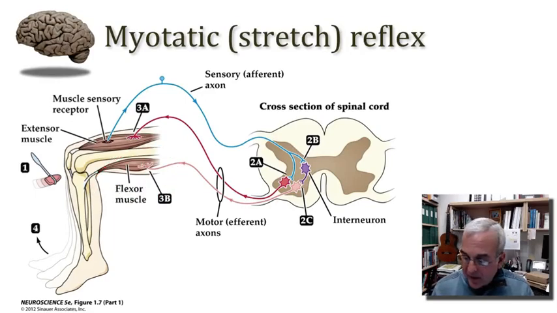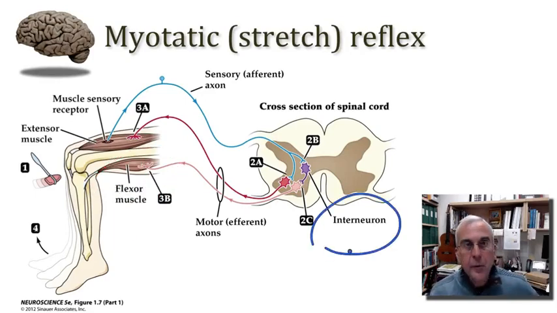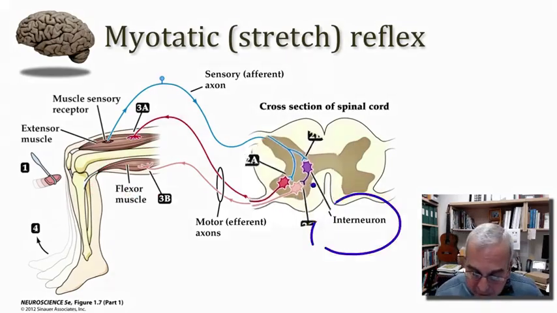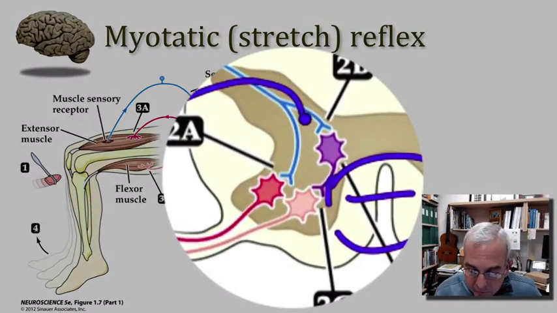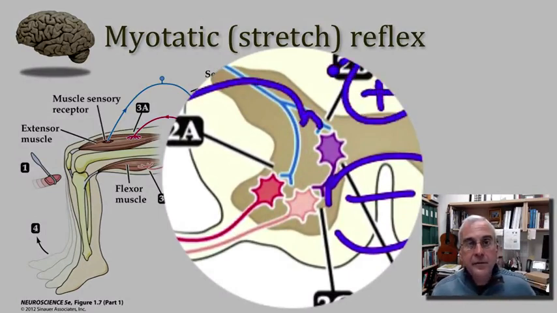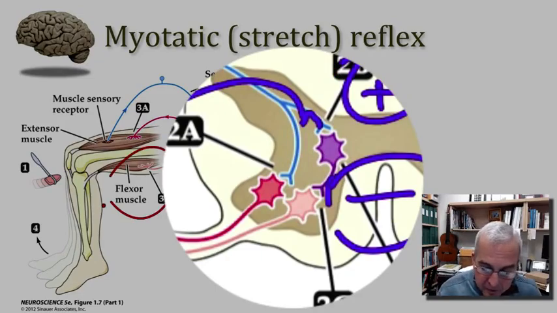And that additional neuron is an inhibitory interneuron. So this inhibitory interneuron receives the excitatory input from this 1A afferent and has the physiological action of inhibiting the motor output to the flexor muscle.